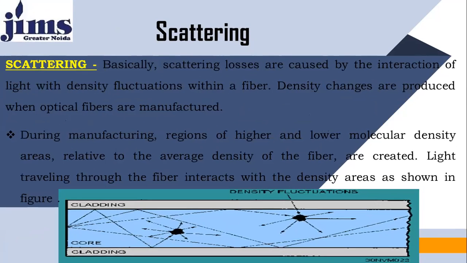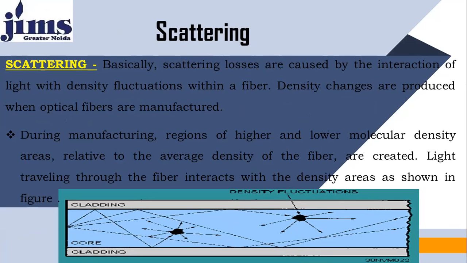Look at this scattering. Basically, scattering losses are caused by the interaction of light with density fluctuations within a fiber. Density changes are produced when optical fiber is fabricated or manufactured. Some parts have a high density of material, some parts have a lower density of material.